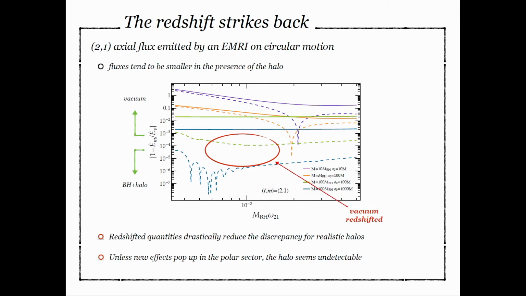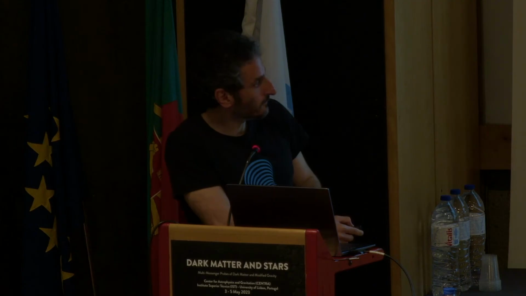Basically, what you're seeing here is just a leftover of nonlinear effects in M over a naught, which tells you that probably the effect will just come out in a redefinition of the frequency and the mass scales, and probably everything else. So this nonlinear component could be, at least for the axial sector, too small in terms of relative differences to be detected even with a super long and super slow spiral as the one provided by extreme mass ratio inspirals.